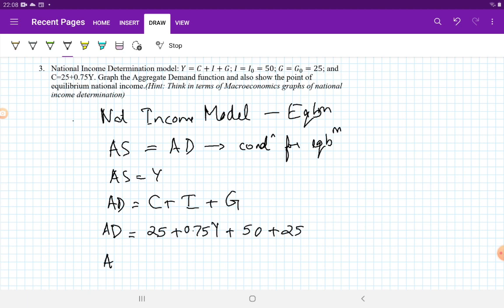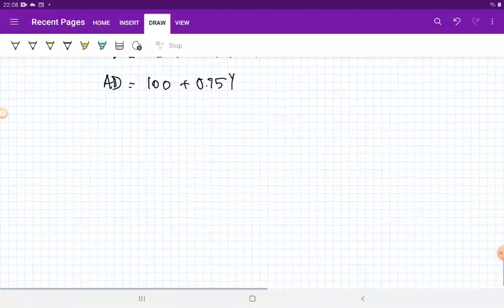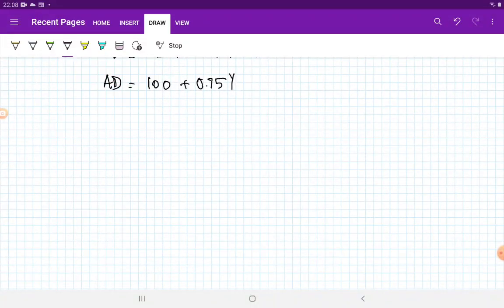So my aggregate demand equation becomes equal to 100 plus 0.75Y. I'm going to name this equation 1. This is my aggregate demand function.